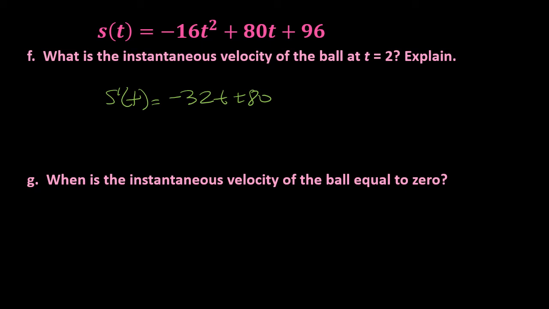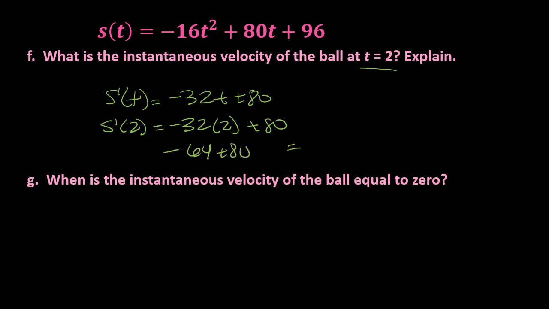It says, what is the instantaneous velocity when time is 2? So s prime of 2 is going to be negative 32, substitute in 2, plus 80, which is going to be 16. So the instantaneous velocity is going to be 16 feet per second.